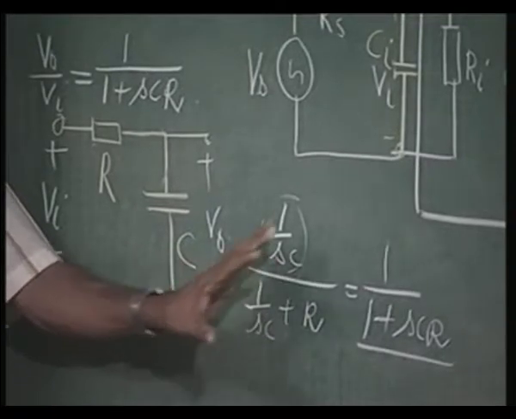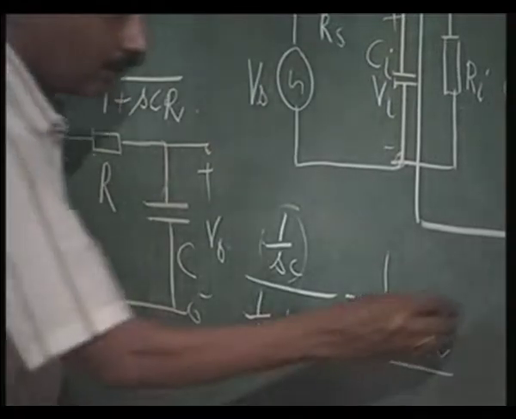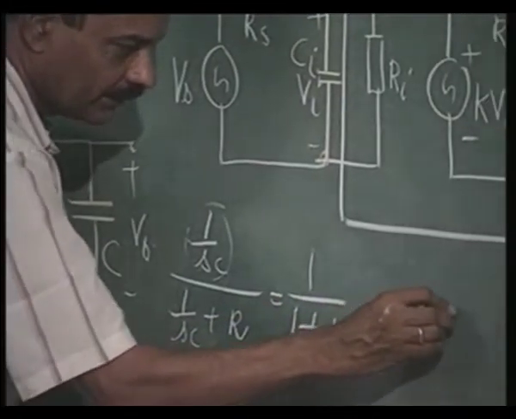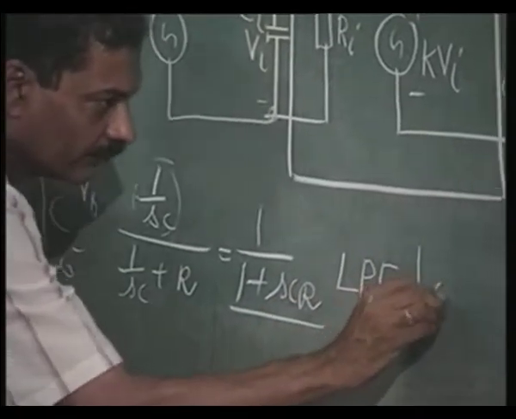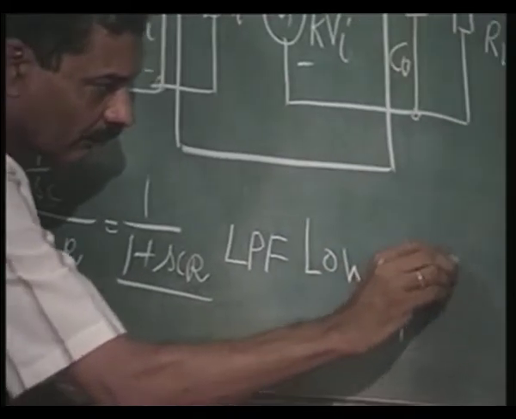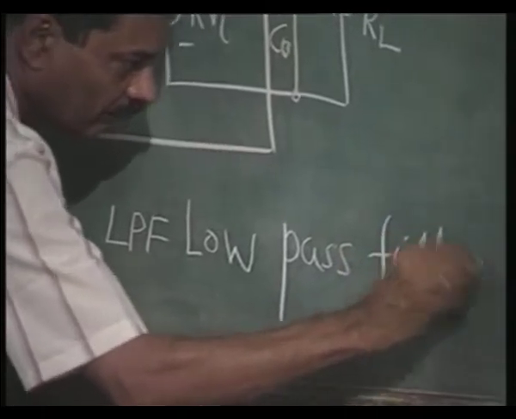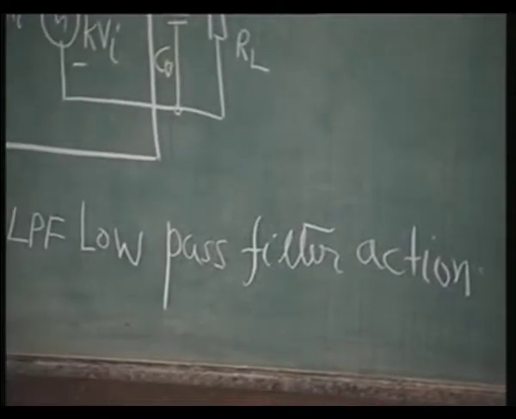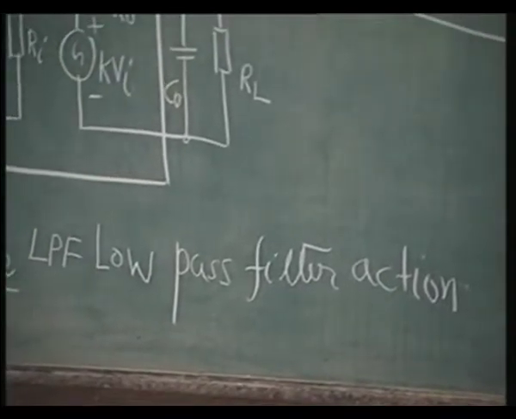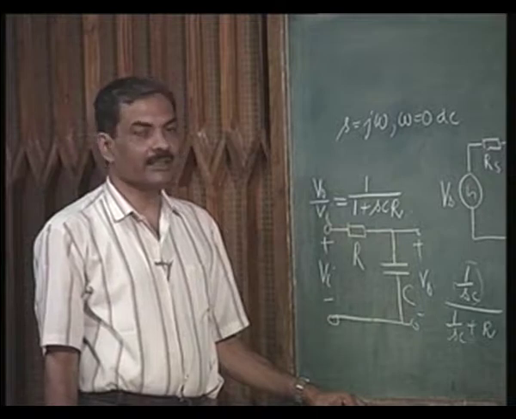All these things you have learnt in your networks course. So, this is called what? This is called low pass filter action. Low pass. So, the stray capacitor at the input of an amplifier results in low pass filter action. What it means is, it is going to attenuate the signal.